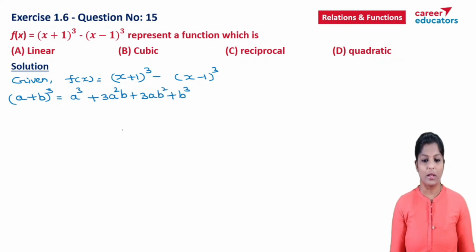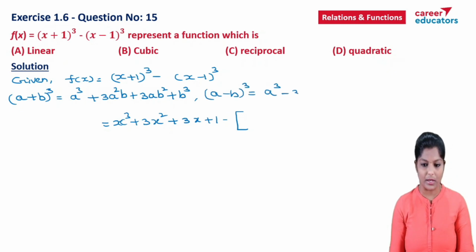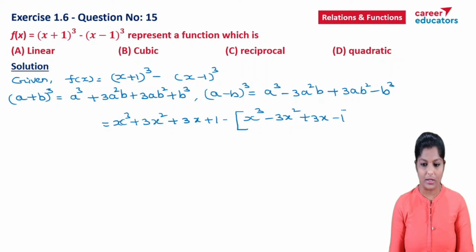If you use the formula, you will get x cube plus 3x square plus 3x plus 1 minus, to expand (x minus 1) whole cube, we have to use the formula (a minus b) whole cube equal to a cube minus 3a square b plus 3ab square minus b cube. If you use the formula, you will get x cube minus 3x square plus 3x minus 1.